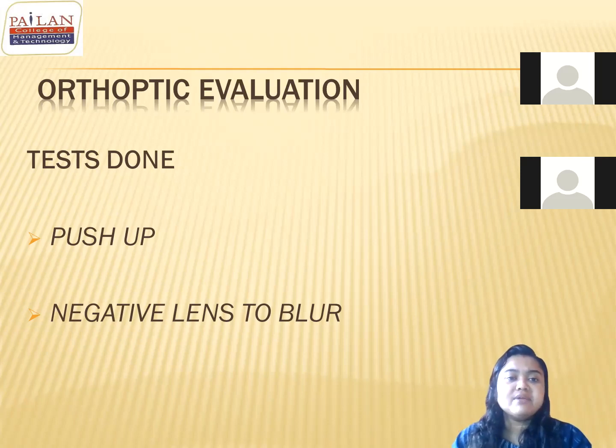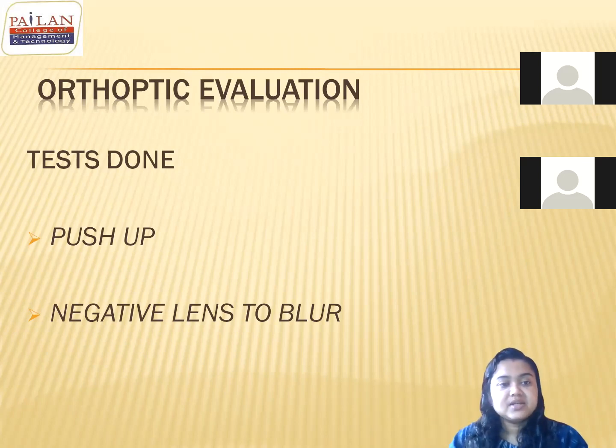Another method is called the pull away method. You may have heard of it. Pull away method means the patient is seeing blur, suppose at 7 centimeters, so you bring the book from 7 centimeters to a certain distance till it gets clearer. That is the pull away method, you are pulling away.